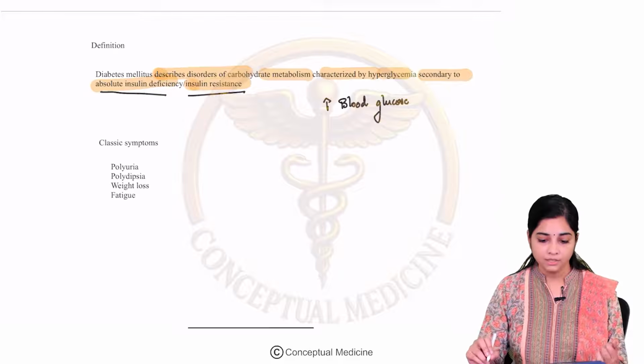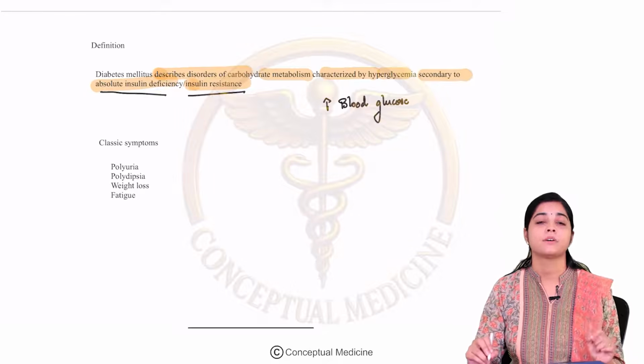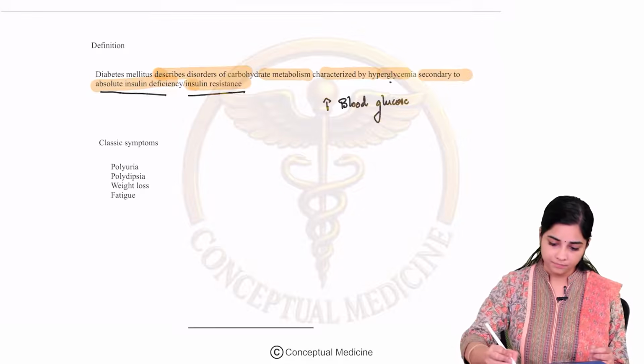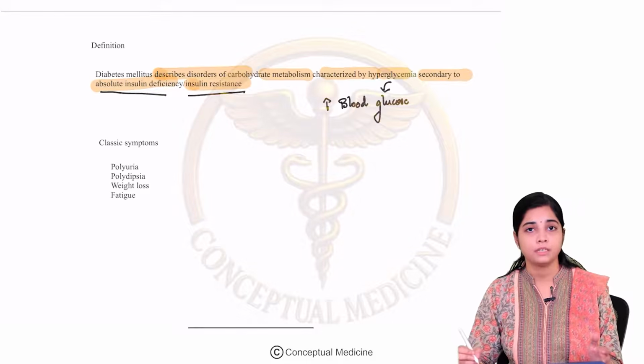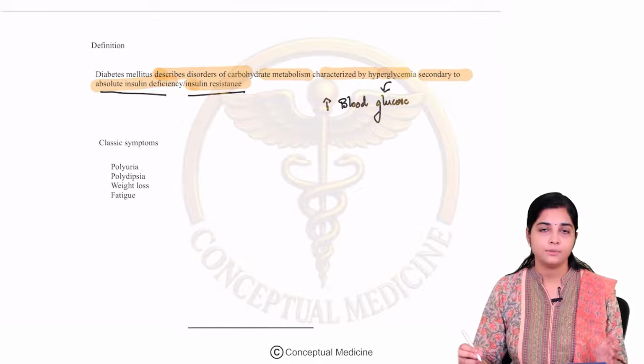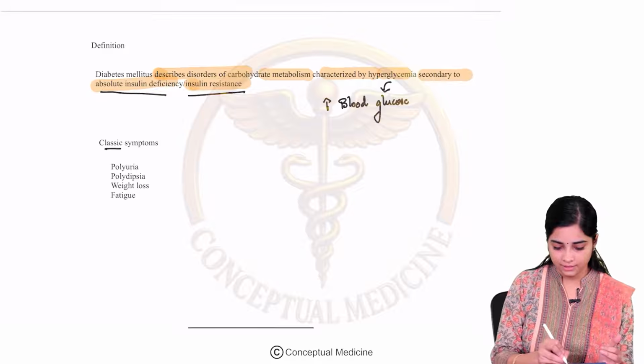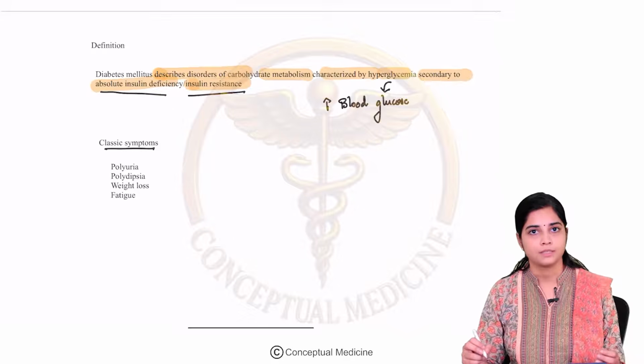So diabetes mellitus is a disorder of carbohydrate metabolism characterized by hyperglycemia, which is nothing but increased blood glucose levels secondary to absolute or relative insulin deficiency. Let us look at the classical symptoms of diabetes.